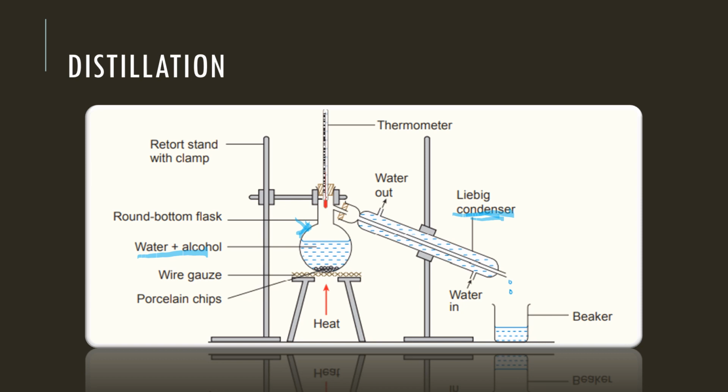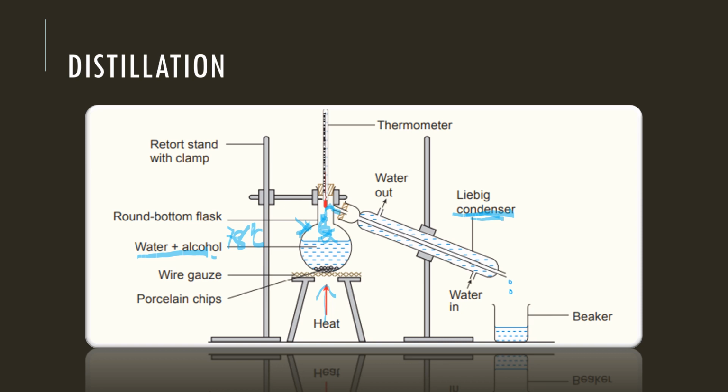Okay, so when water and alcohol are heated, the alcohol will boil first because the boiling point of alcohol, let's say for example ethanol, is 78 degrees Celsius. So when we heat the mixture, the alcohol at 78 will boil. The boiling process changes liquid to gas.